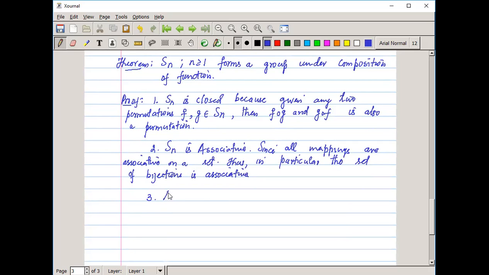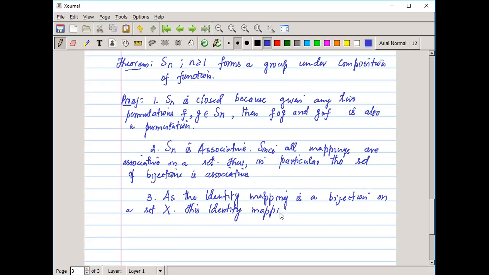Now third, as the identity mapping is a bijection on a set X, this identity mapping satisfies, and we know that this identity mapping satisfies, one property. Suppose 1 is the identity mapping, then 1 composed with f is the same as when f is composed with 1, the identity mapping, and this is equal to f.